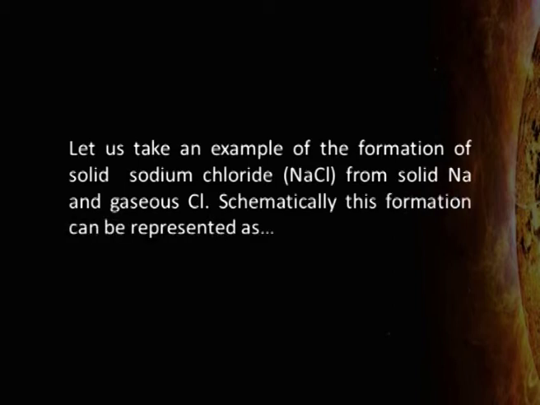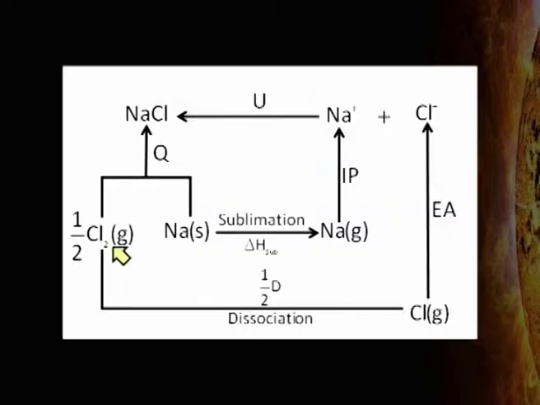Schematically, this formation can be represented as solid sodium and gaseous chlorine can combine directly to give solid sodium chloride, and in this formation the heat involved is equal to Q.